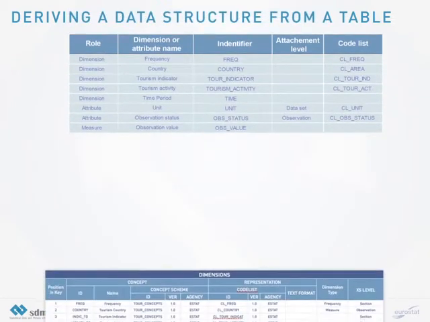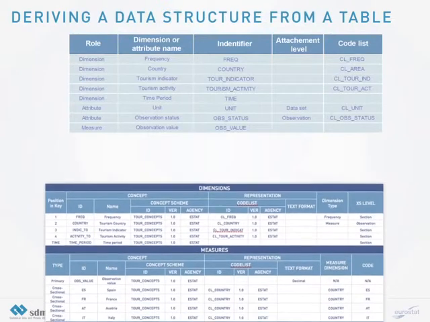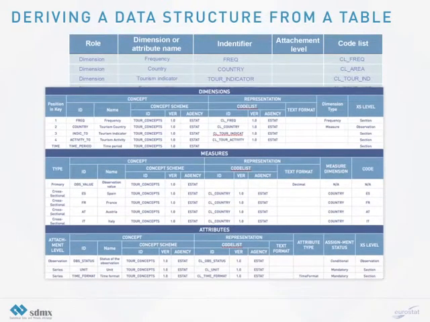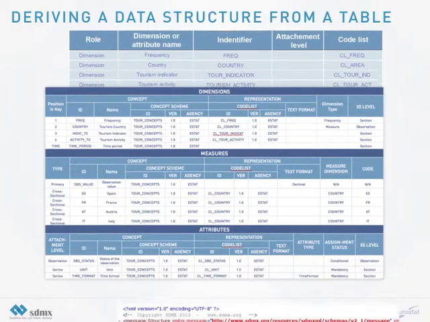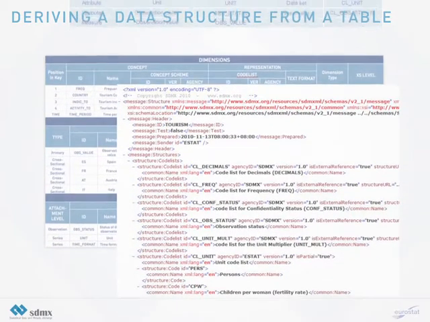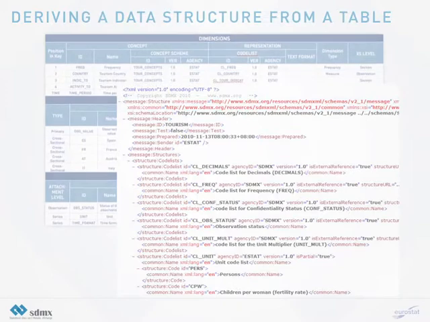From this table, we derive a more detailed table that includes all the information about the SDMX objects used in the DSD. From the final table, we can produce the data structure definition in XML format.